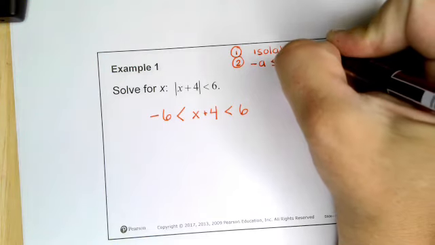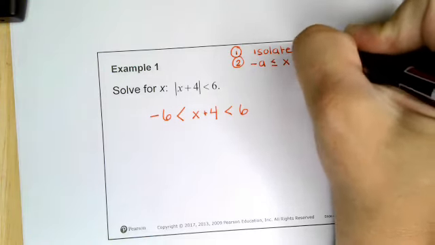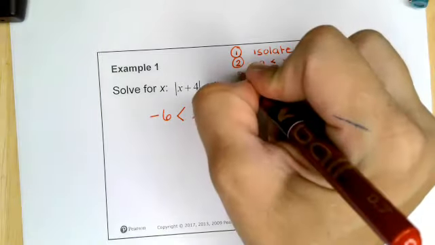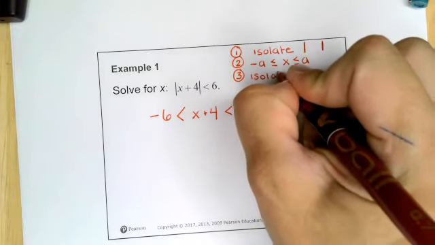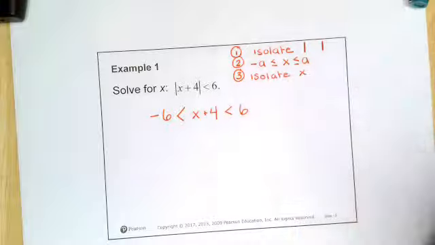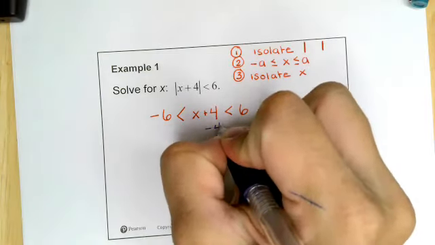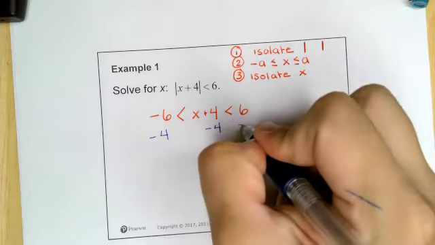Isolate the absolute value bars, right? Because step 3 is isolate x, or isolate your variable. You're going to want to subtract 4. Remember that we have 3 sides, the middle, the left, and the right.